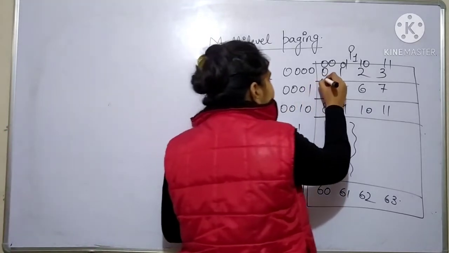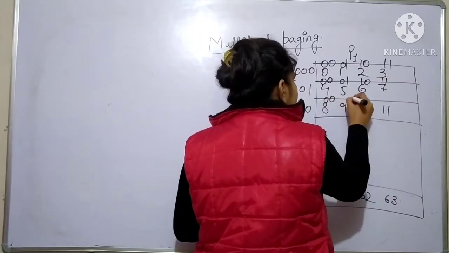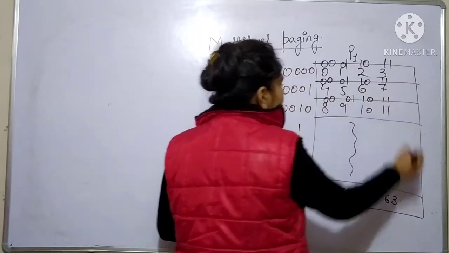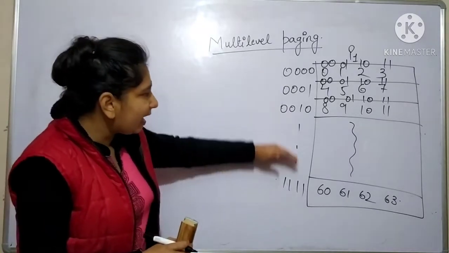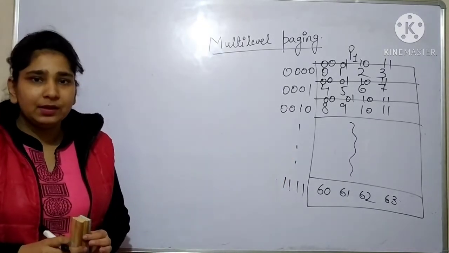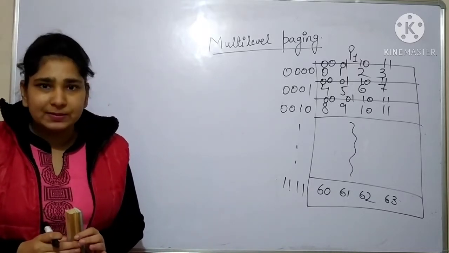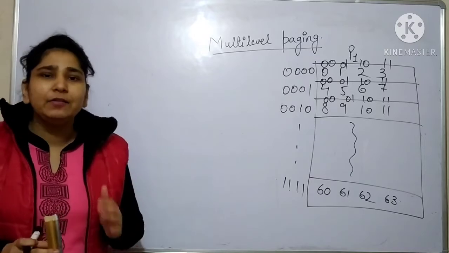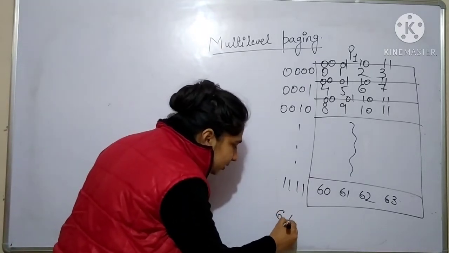Okay, 00, 01, 10, 11, 00, 01, 10, 11. This way in total we have 6 bits. So we have a total of 64 instructions, and to uniquely identify each and every instruction, we need 6 bits.